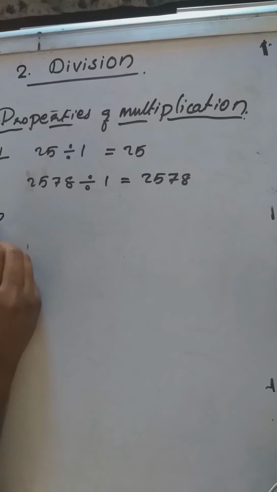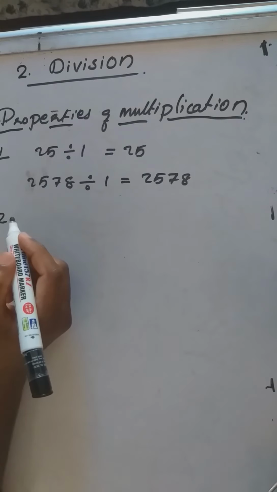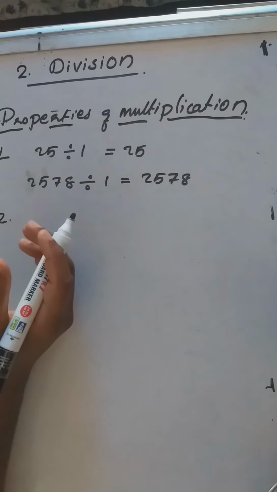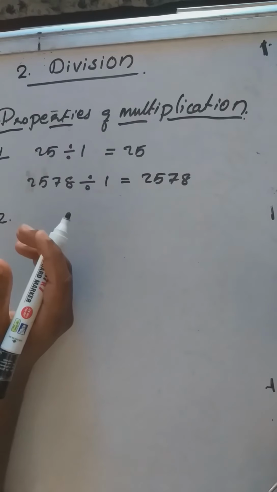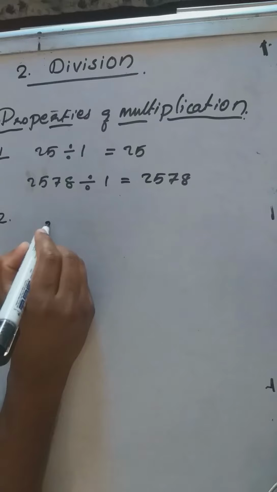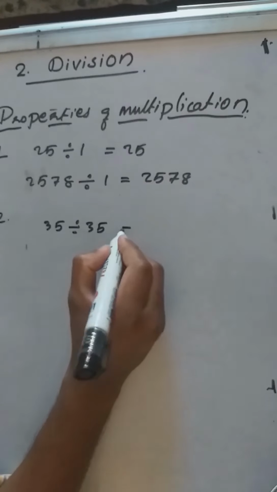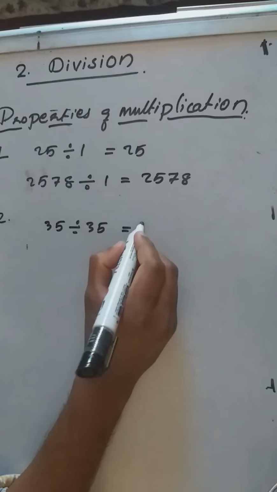Then the second property, when we divide a number by the same number, then we get the quotient as 1. That means if you divide 35 by 35, the quotient will be 1.